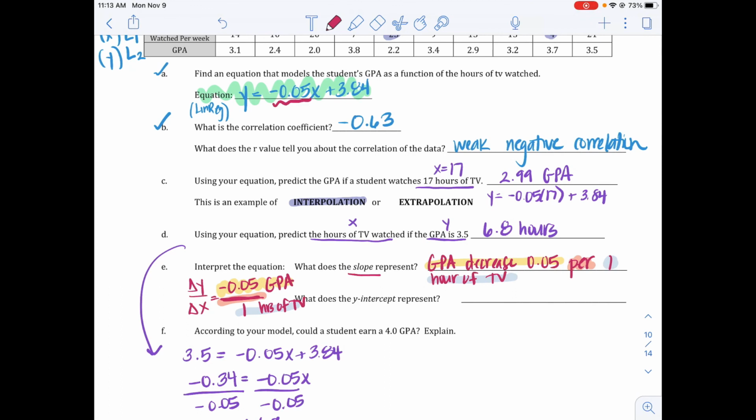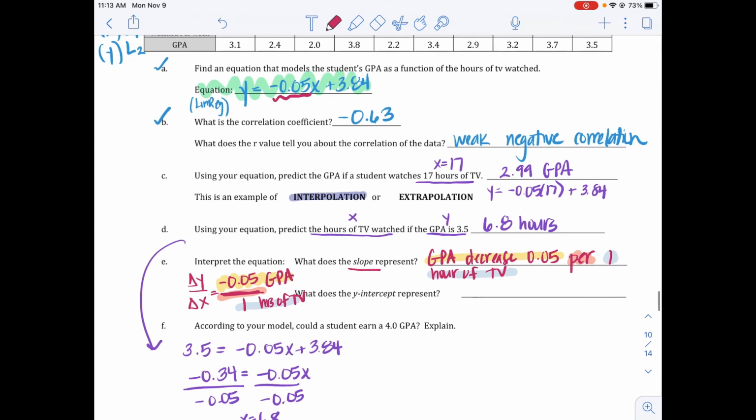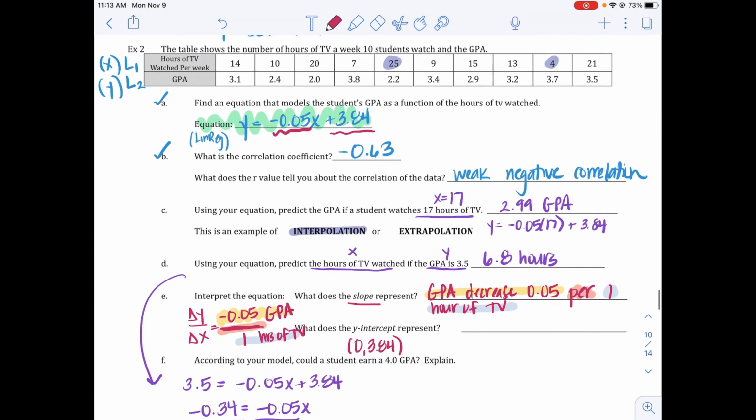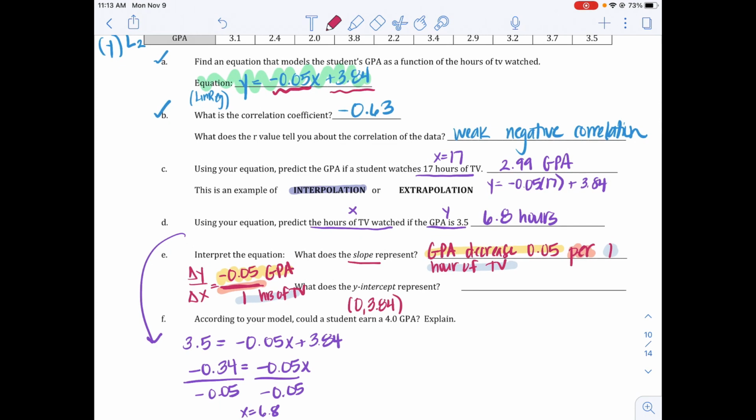Okay. What about the y-intercept? So the y-intercept, remember, that's 3.84. So we're really talking about, what does (0, 3.84) mean? Okay. Again, we're going to use our units. 0 is hours of TV watched. 3.84 is y, which is my GPA.